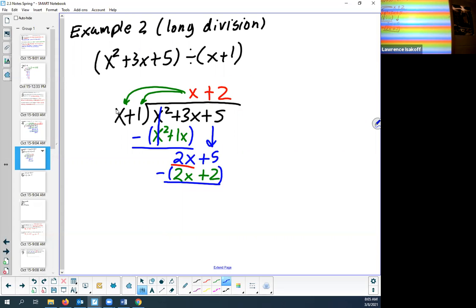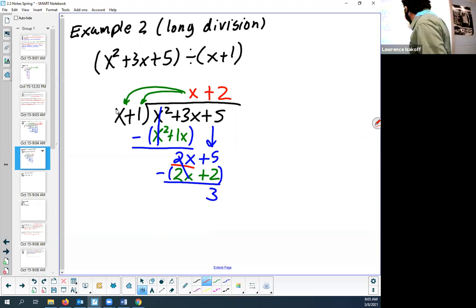So 2x minus 2x, they conveniently cancel. 5 minus 2 is 3. So in this case, I get a remainder of 3. So that will be added onto the end: plus 3 over x plus 1.